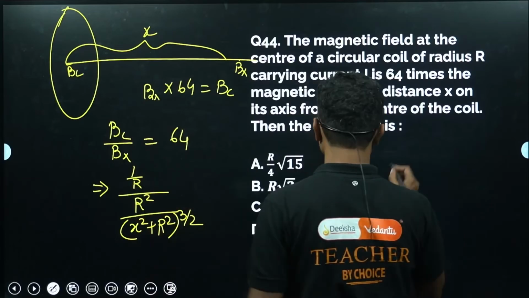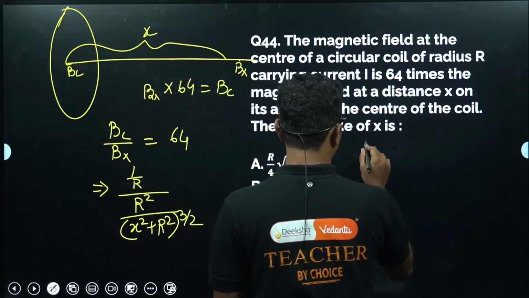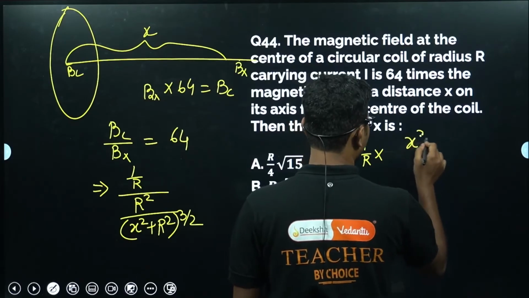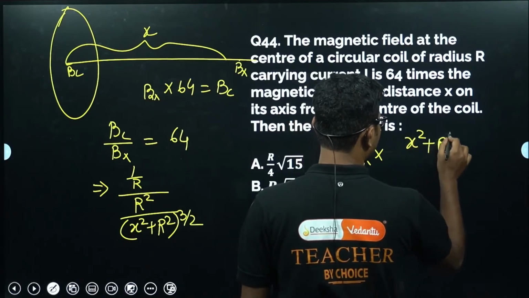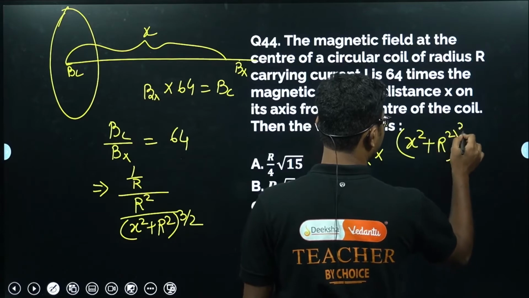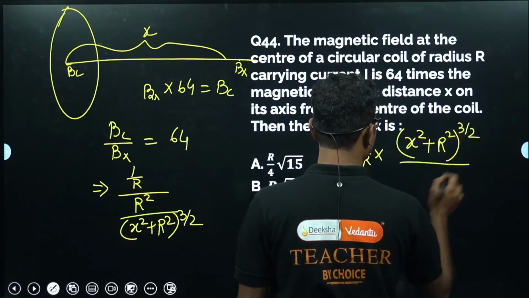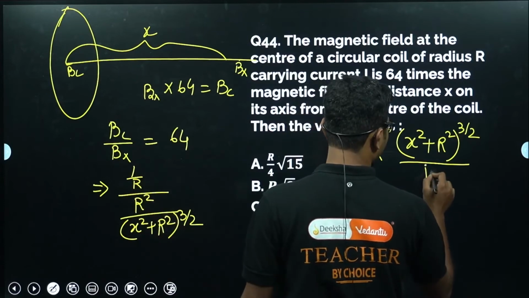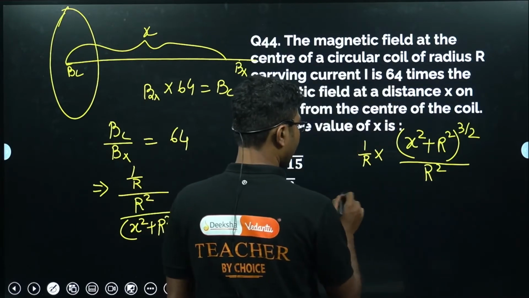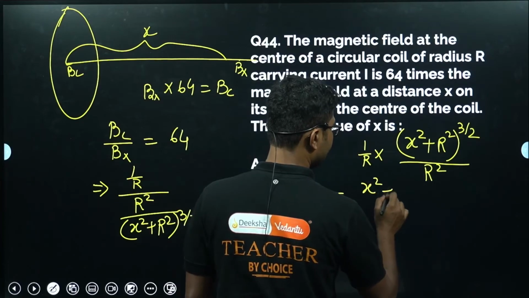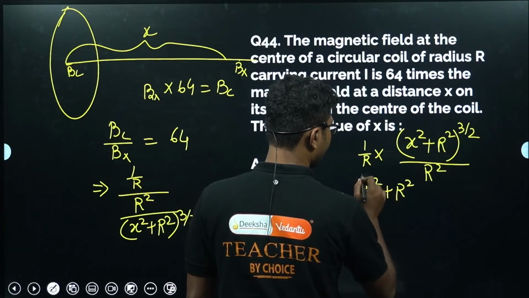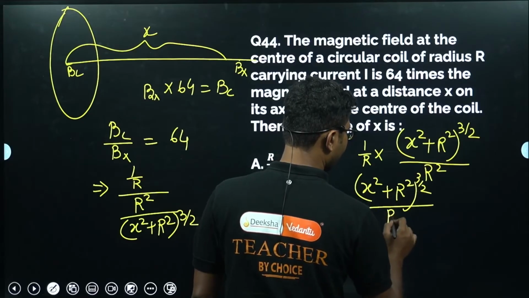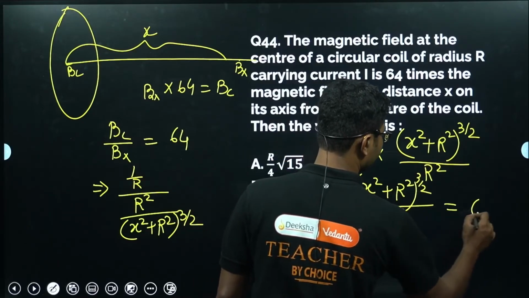Now, you have to do this. So, 1 by r times x square plus r square to the power 3 by 2, divided by, so this will come down to r square. So, it will be x square plus r square to the power 3 by 2 divided by r cube is equal to 64.